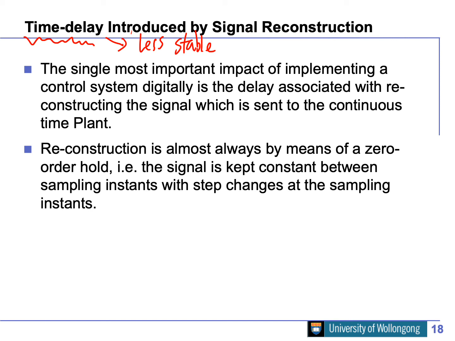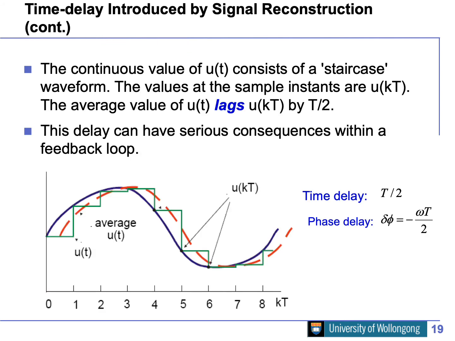So this is just for the sampling. Another part that causes delay is the zero order hold, and this also causes certain delays. In this one, the blue one is the continuous time signal, and the zero order hold is this green one. Actually we don't have the continuous signal; this doesn't exist.